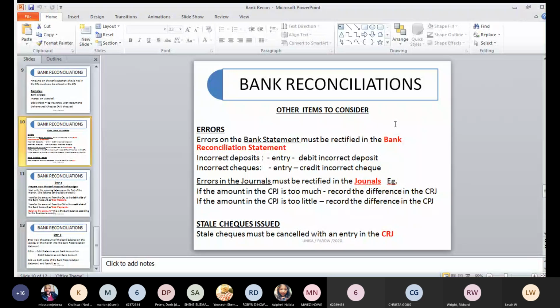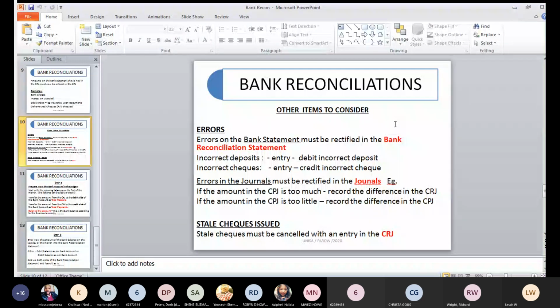Sometimes you will get an incorrect deposit. Somebody else's deposit appears on our bank statement. So in your bank reconciliation statement, the entry is debit incorrect deposit, and you put the amount on the debit side of your reconciliation statement.